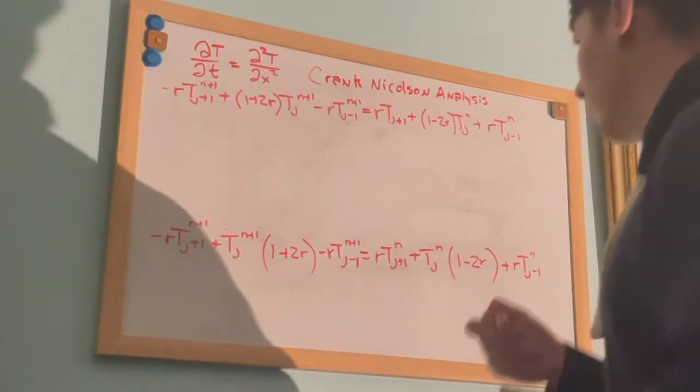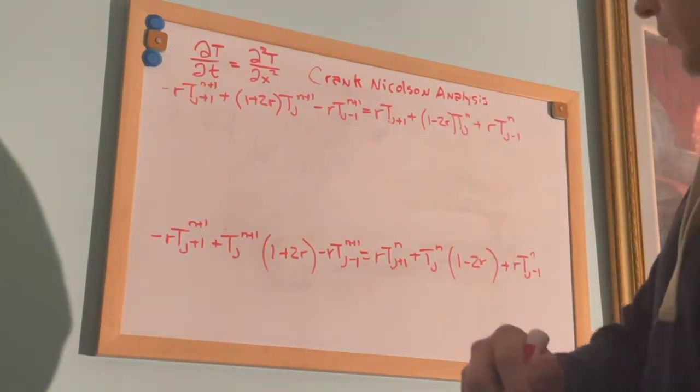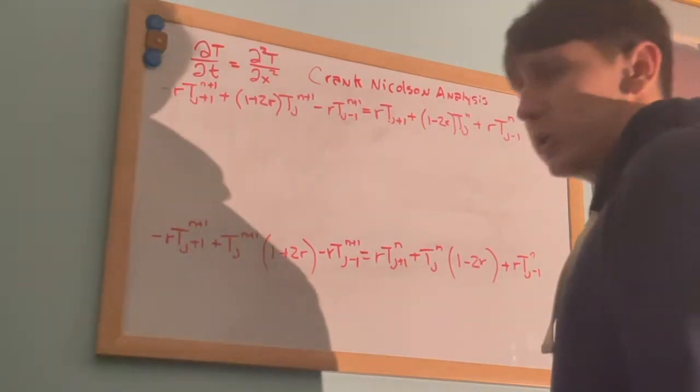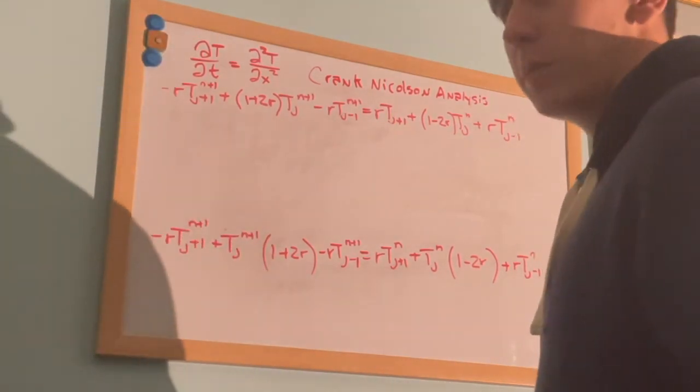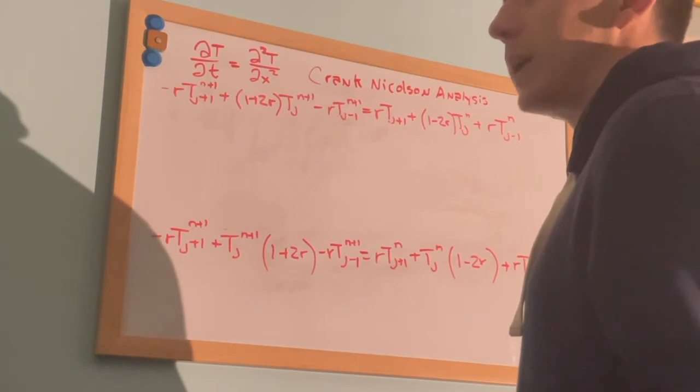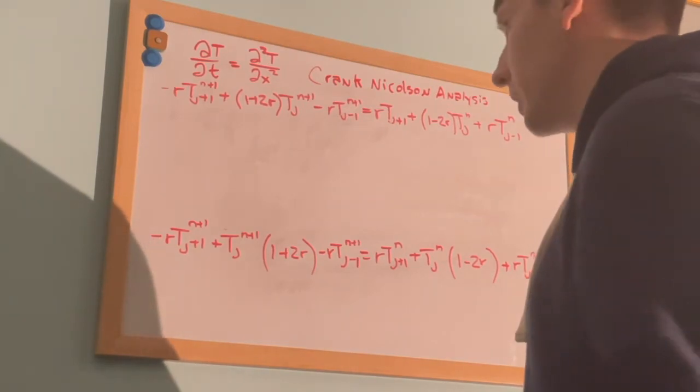If you guys recall before, from what we had done with the von Neumann analysis, we used those sinusoidal functions that are developed from the Taylor series expansion, exponentials of cosine and sine waves.